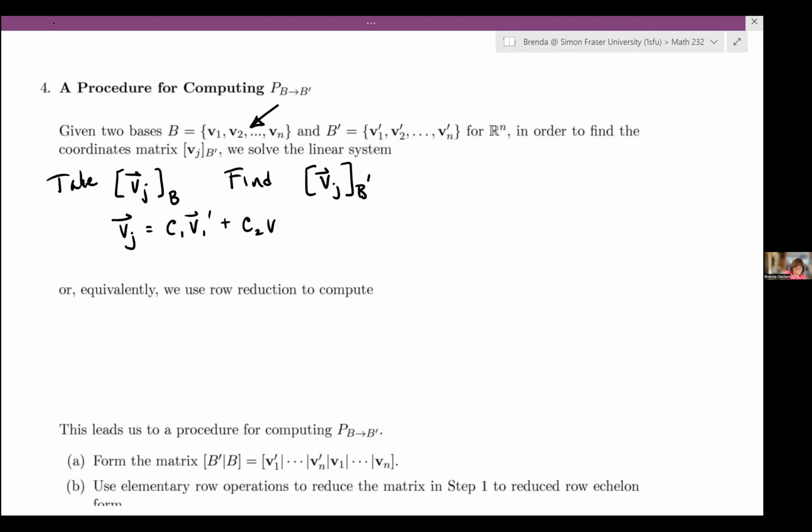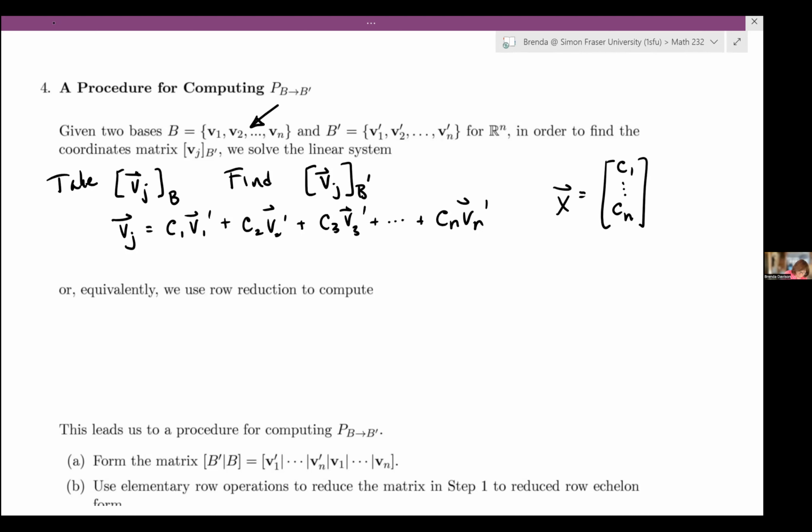Part of success in this program is to make sure that you are careful with your indexing. All the subscripts and superscripts need to be correct, otherwise disaster strikes. All right, we're going to let the vector x be the column vector of those coefficients.